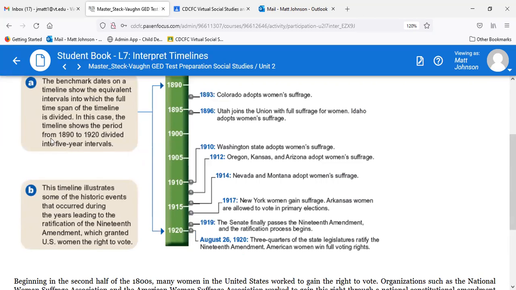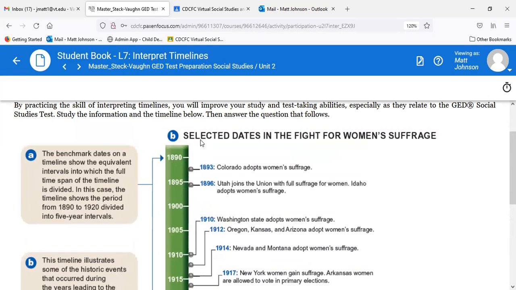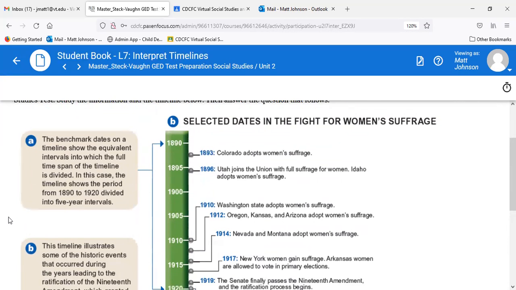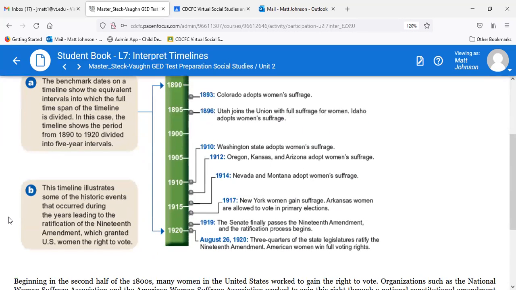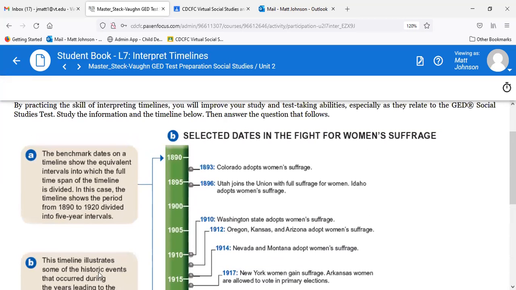On the timeline itself, we have it ticked off in 5-year increments. And text box B says this timeline illustrates some of the historic events that occurred during the years leading to the ratification of the 19th Amendment, which granted U.S. women the right to vote.